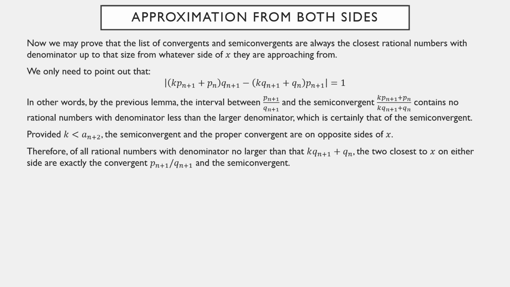So in other words, because of the equality at top combined with the lemma from the previous slide, you cannot have rational numbers with smaller denominator in between the two. So no rational number with denominator smaller than the denominator of the semi-convergent that you're constructing could possibly be closer to x than either the previous convergent you had on that side or the semi-convergent on the other.